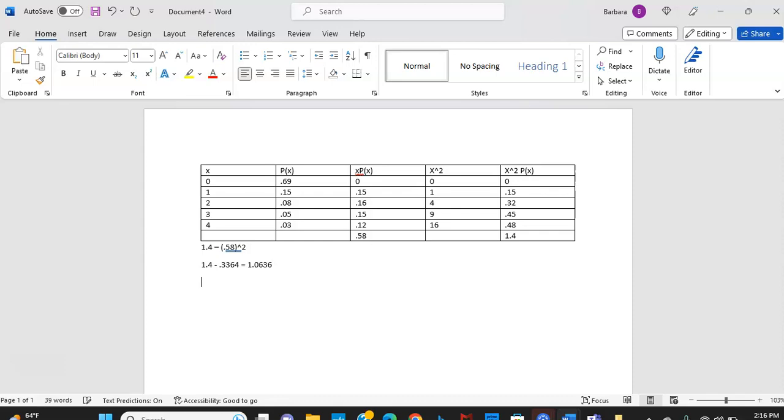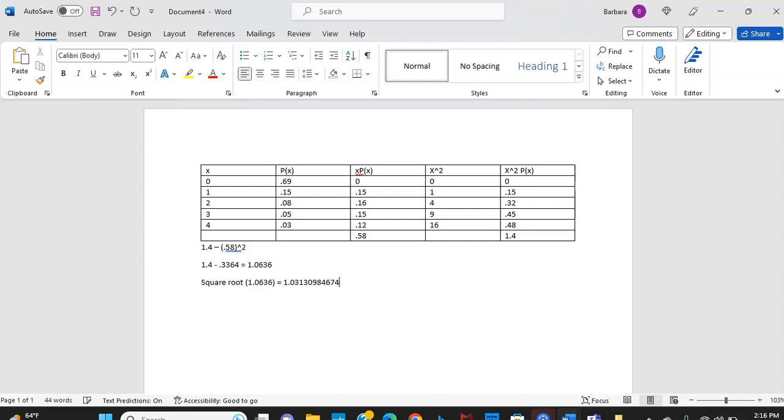To get the standard deviation, we take the square root, and rather than taking the time to bring that symbol up, because it does take a while on here, I'll just write square root. So I'm going to do the square root of 1.0636, and I get 1.0313, and there are a lot more decimal points.